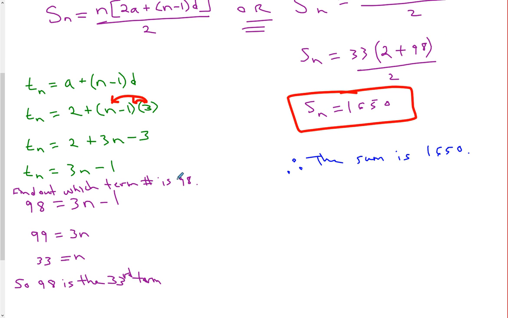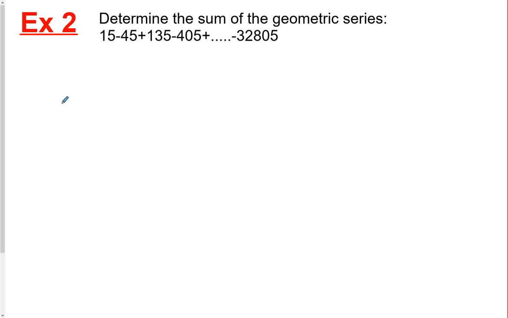Tricky. What if I gave you something similar, though, that was a geometric series? So same kind of question, but a geometric series. Let's have a look. So this one actually tells you it's a geometric series. You could have figured it out by finding the common ratio.